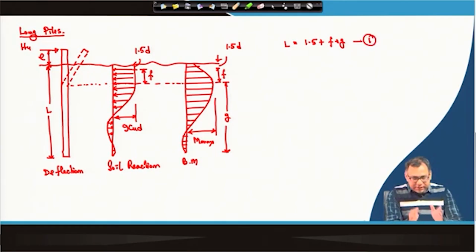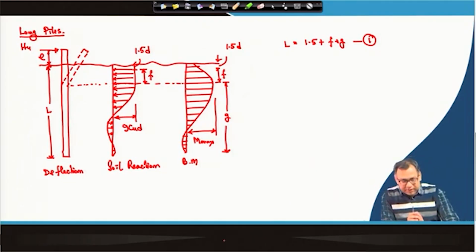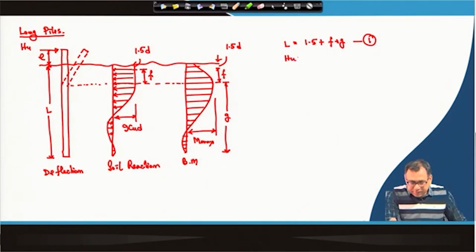Again, as I mentioned, this top portion reaction is equal to HU and the bottom portion, the positive and negative side, we are assuming they balance each other. So equation 2 is also valid. From equation 2, HU will be equal to 9 CUDF. So this is also valid.